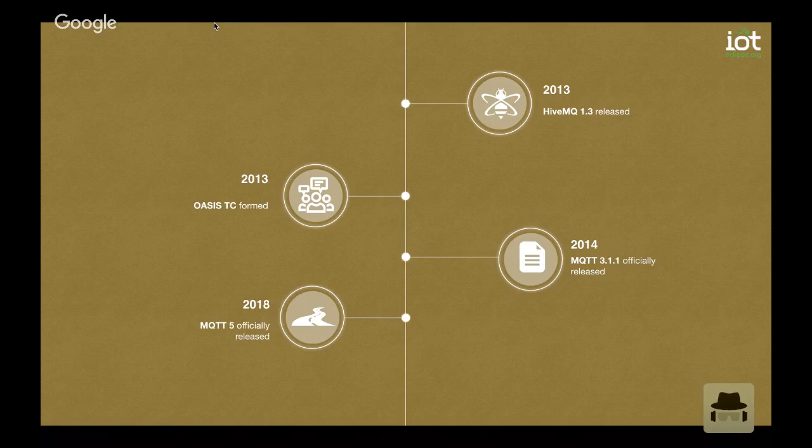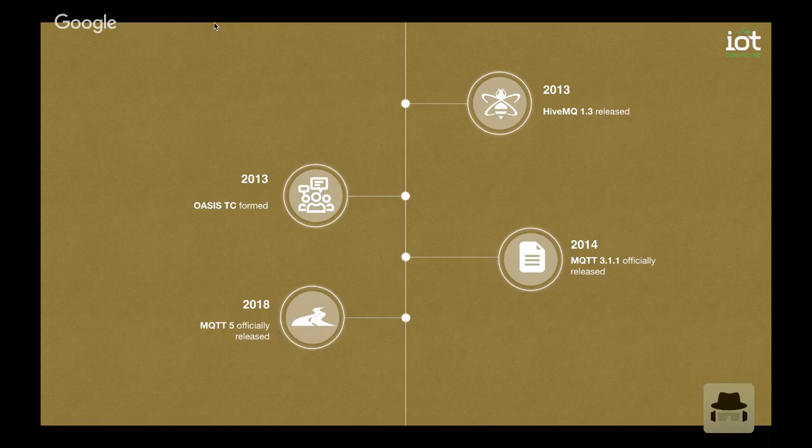And in 2014, MQTT 3.1.1 was officially released. And nowadays, MQTT 3.1.1 is the most commonly used MQTT specification, and it is completely open. It is completely standardized, and it is used a lot.